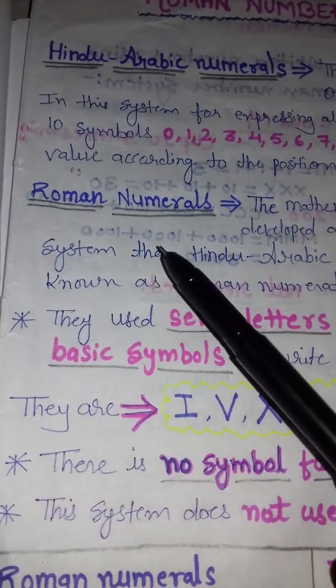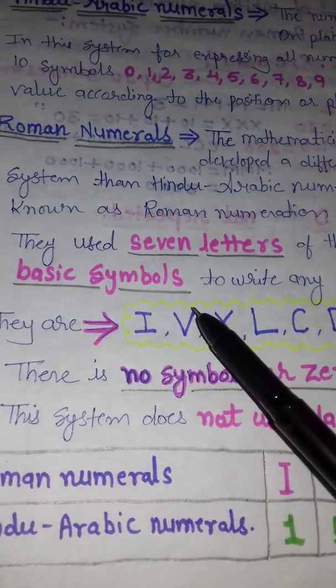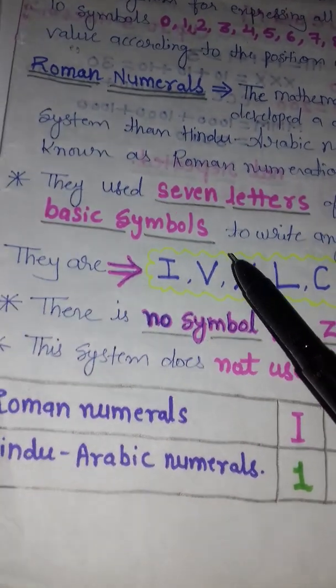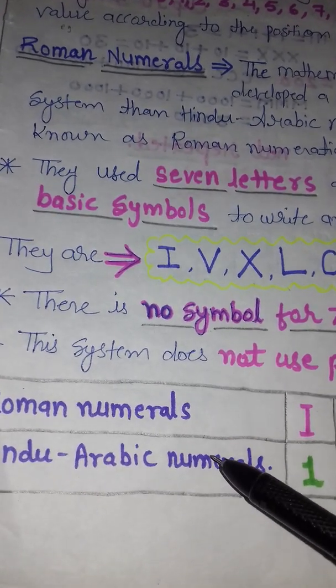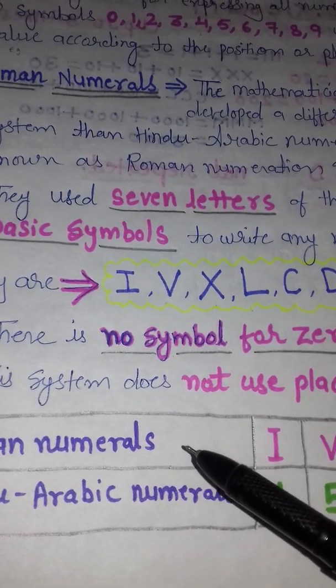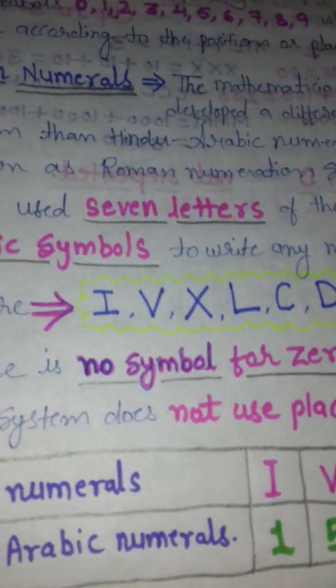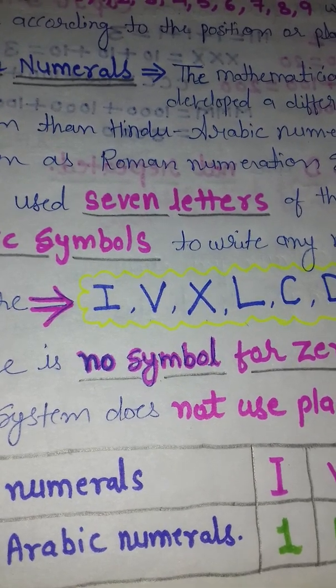Then we learned what Roman numerals are, what the basic symbols in Roman numerals are, and what their values are according to Hindu-Arabic numerals. Now, today we will learn about the basic rules to form Roman numerals.